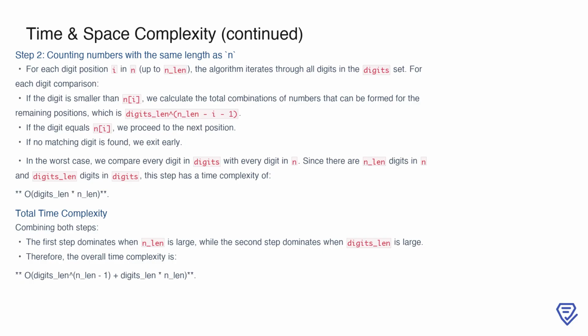If no matching digit is found, we terminate early. In the worst case, we compare every digit in the digit set with every digit in n, leading to a time complexity of O(digits_len * n_len). Adding the complexities from both steps, the overall time complexity of the algorithm is O(digits_len^(n_len-1) + digits_len * n_len).